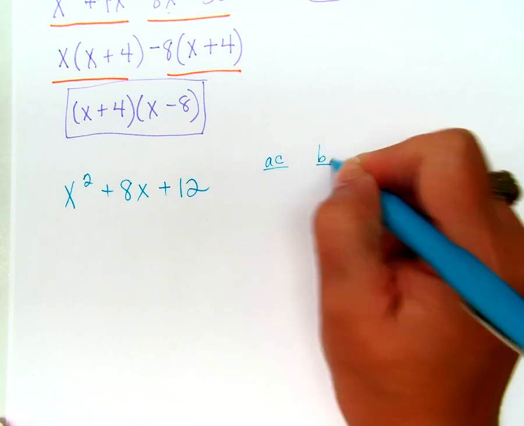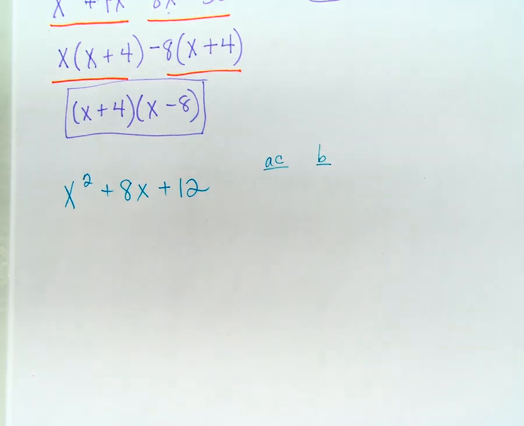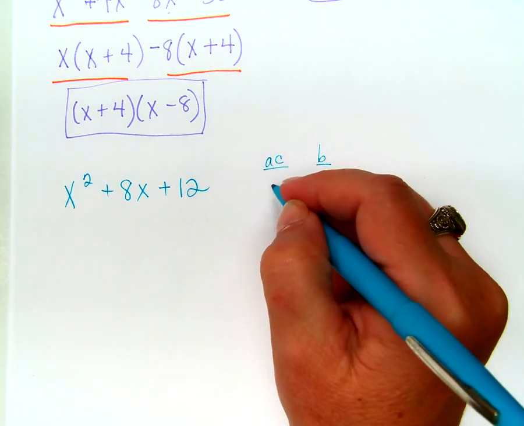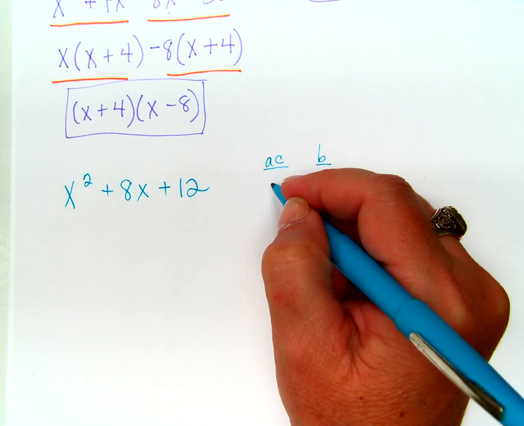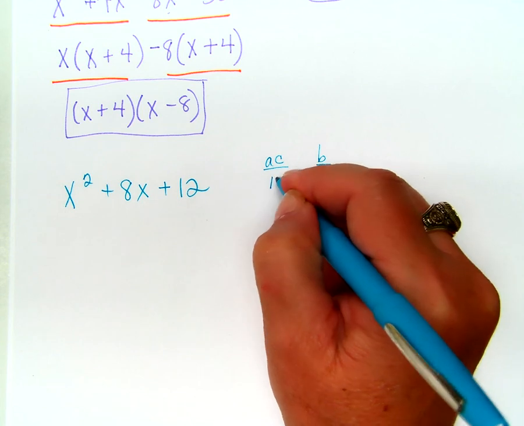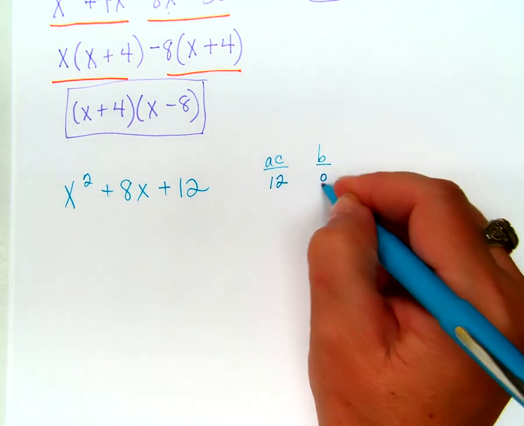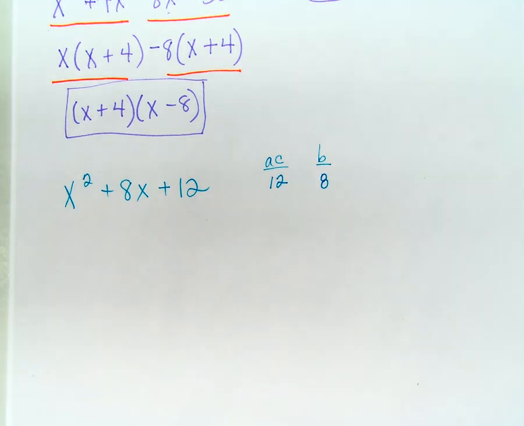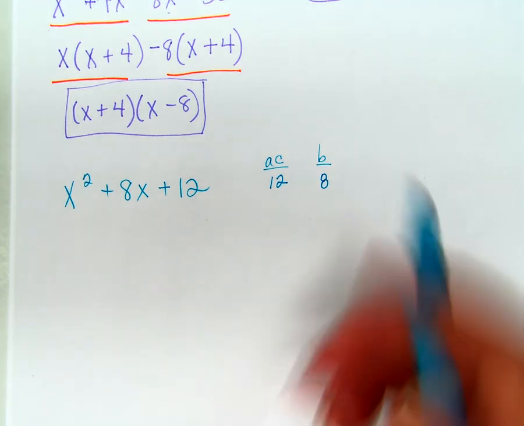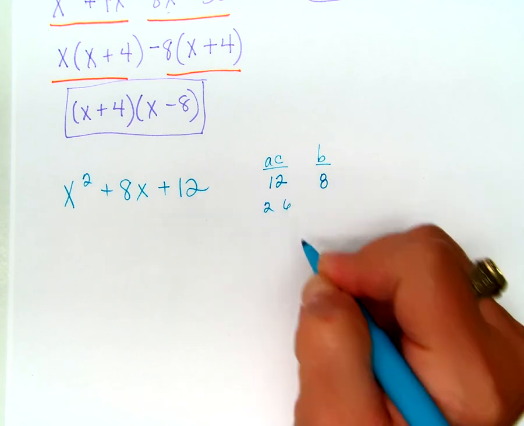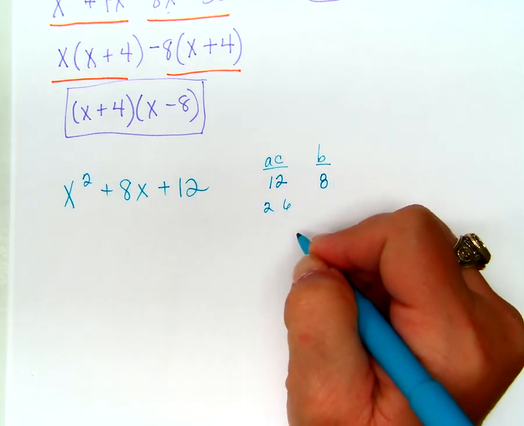And quietly to yourself, find B. I think AC is 12. What do you think B is? 8. Can you think of two numbers that multiply to be 12 and add to be 8? 2 and 6. Can I go straight to my factors?